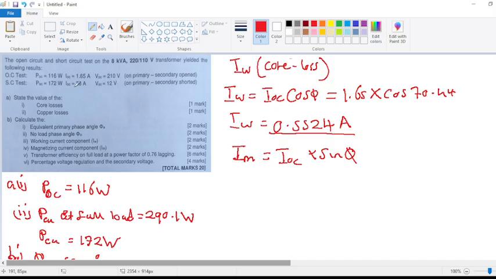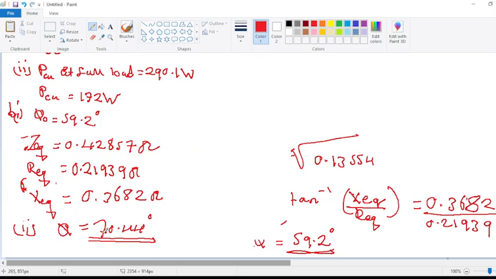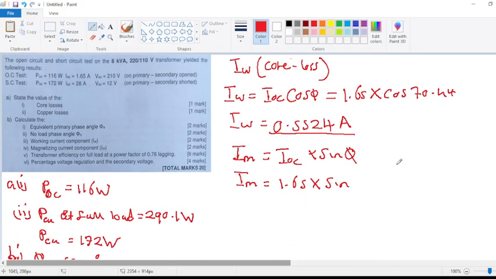The open circuit current is given as 1.65. Then we multiply by sine of our angle, which we calculated to be 70.44, the no load phase angle.